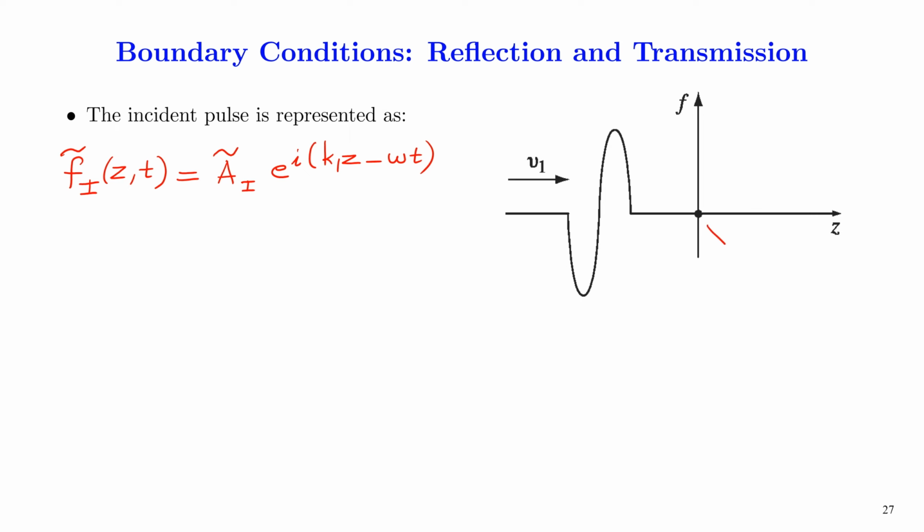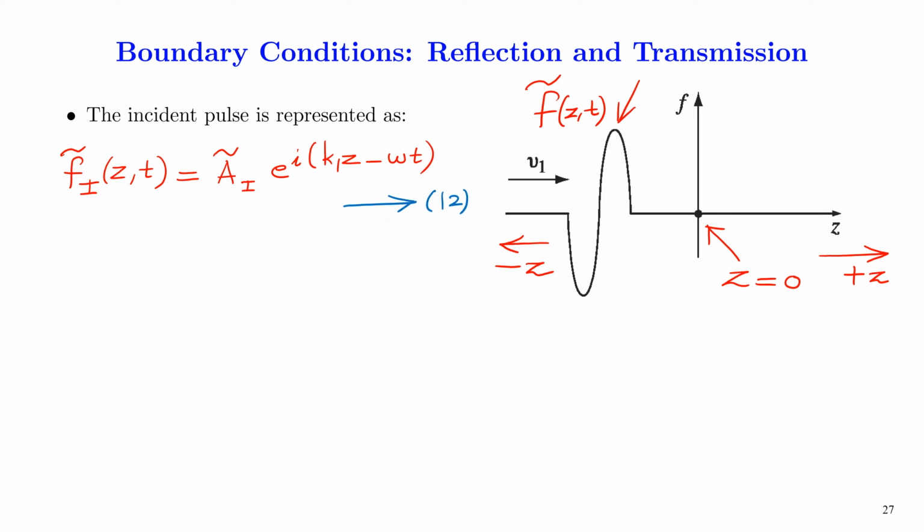In the coordinate system, the point where the two strings are attached will be taken as z equal to 0, and the direction towards the right will be taken as positive z, and the direction to the left is negative z. So this wave represents the complex incident wave f(z,t). We shall take this as equation number 12. And this is for the region z less than 0.